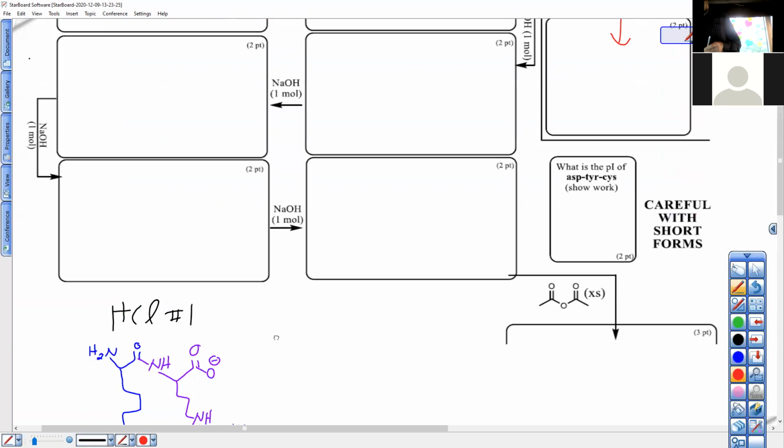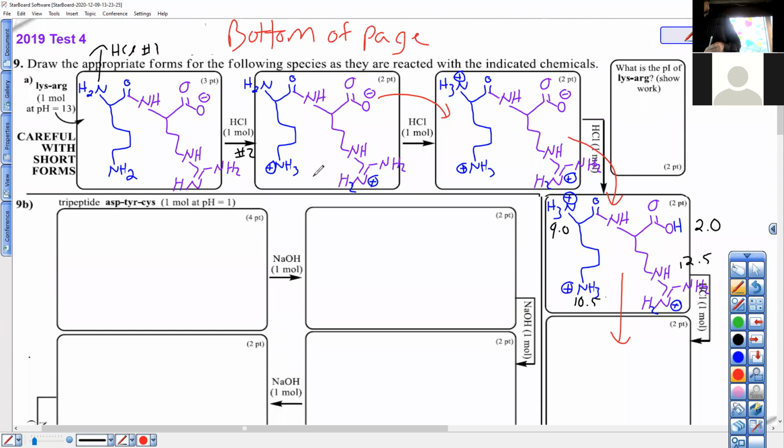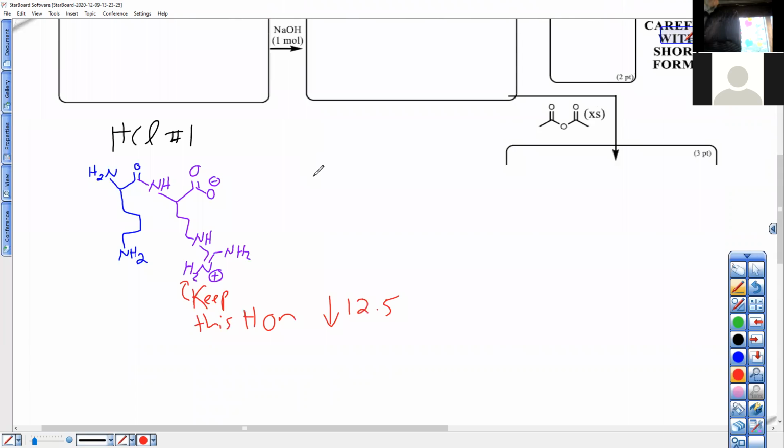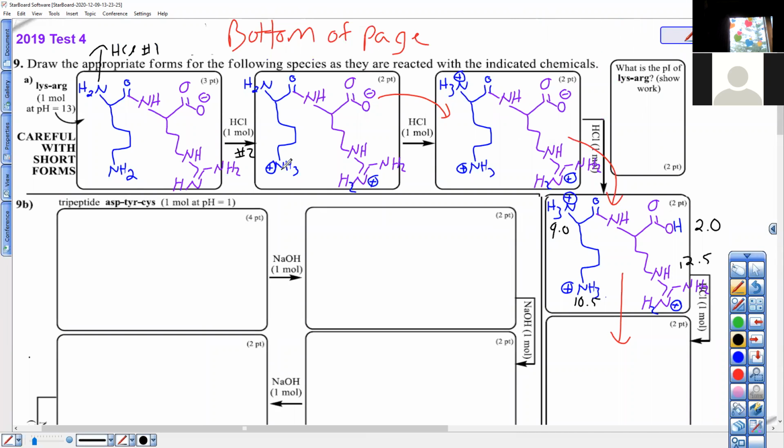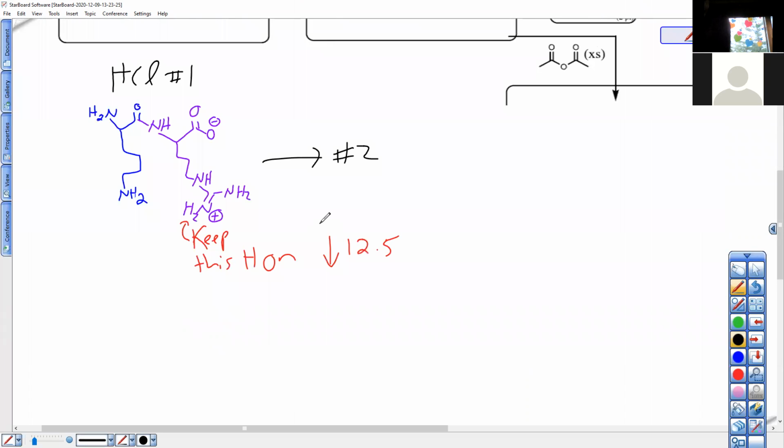Now, going the other direction from number 1 to number 2, which H comes off? Because I need to keep it off. So, sorry, we're putting H's on. We have to put an H on. Where's the next H going? So let's look at number 2. It went here. That's the 10.5. So I need to keep it off. This was the next one.